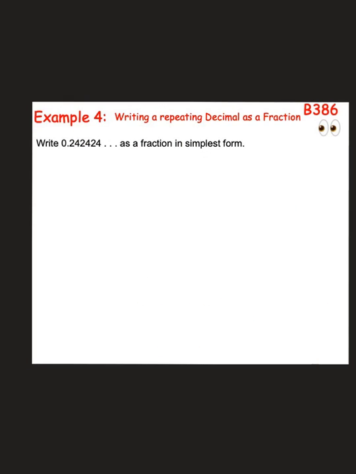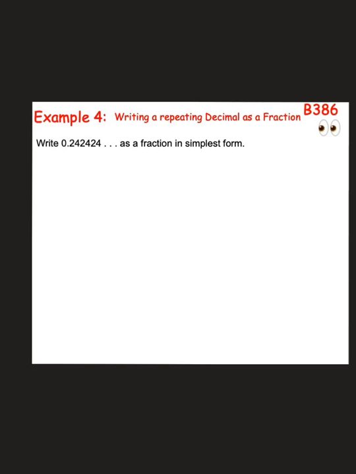We can use infinite geometric series also to rewrite a repeating decimal as a fraction. So let's go ahead and look at 0.24, 24, 24, and so on. So I am going to rewrite this as a sequence.